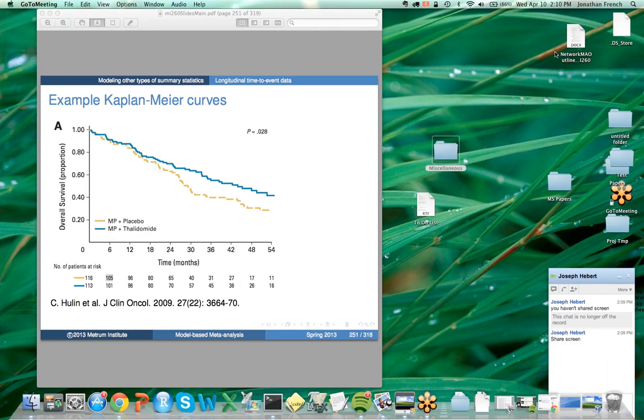But there has been a literature developed primarily in the statistics literature around how to do meta-analysis when only aggregate data is available.